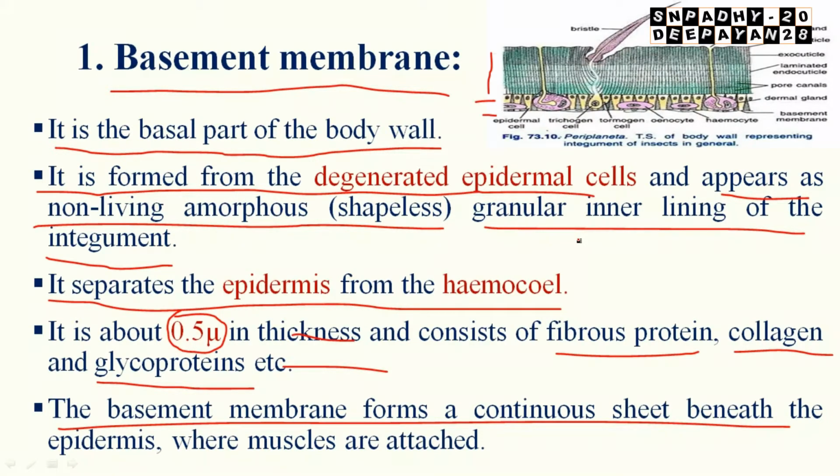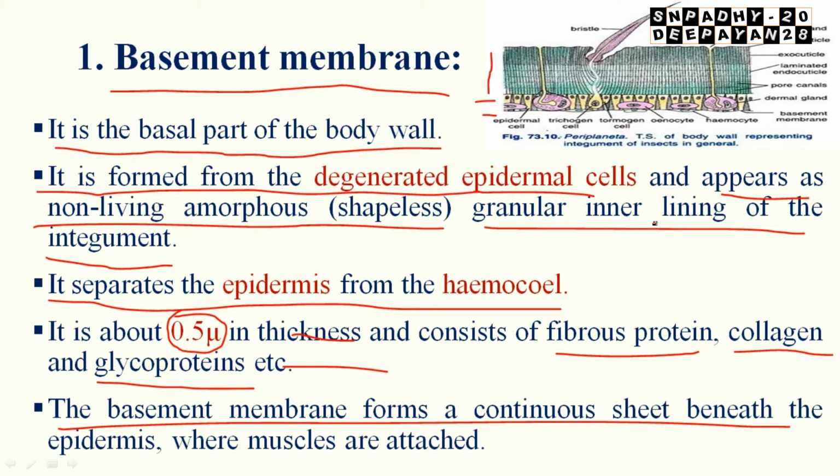What is the basement membrane? What points do you have to remember? First thing is where it is present: the innermost layer of the integument. So not cuticle, integument. Formed from degenerated epidermal cells, appear as non-living granular. That is not that important. Third point is important. Their function is to separate the epidermis from the hemocoel, measuring about 0.5 micron in thickness, consists of fibrous protein, collagen and glycoproteins. The basement membrane forms a continuous sheet beneath the epidermis where muscles are attached.